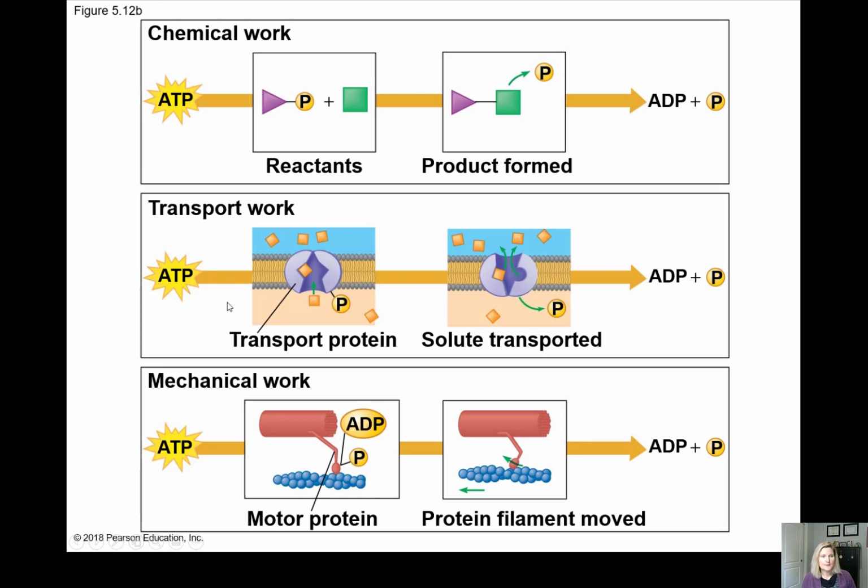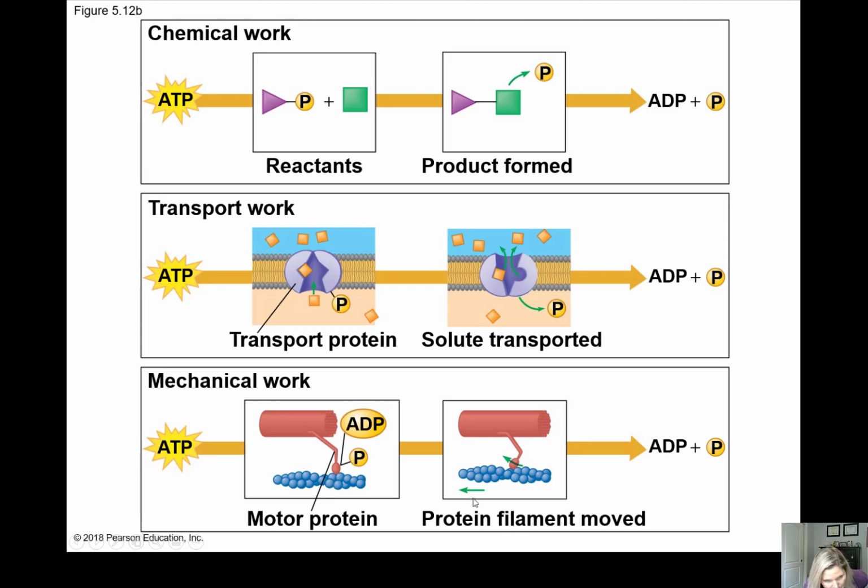In transport work, we had that as an example in the Amoeba Sisters video. As ATP undergoes the reaction, the phosphate group can then trigger the transport protein to change its shape to allow something to happen. Okay, and then we end up with this ADP as a byproduct or as the end result. Mechanical work, here's an example of a motor protein with some actin.